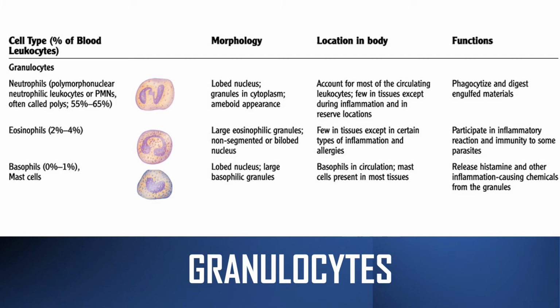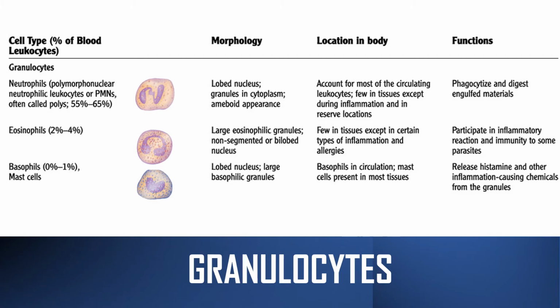They account for most of the circulating leukocytes, with few in tissue except during inflammation, and are held in reserve locations. The function of neutrophils is to phagocytize and digest engulfed materials.